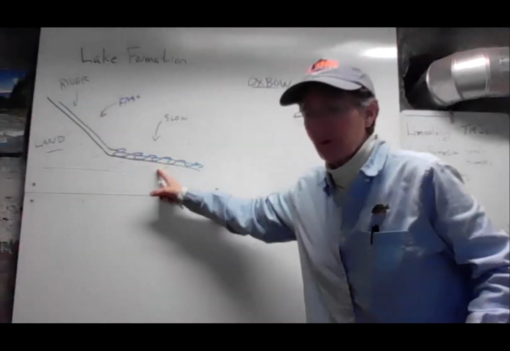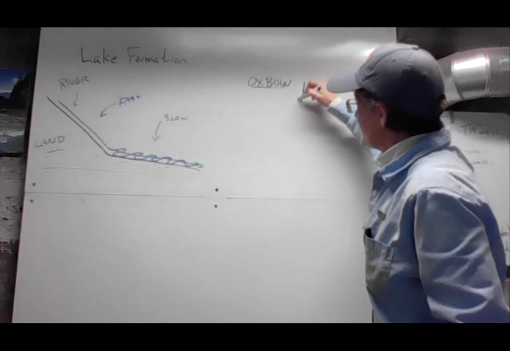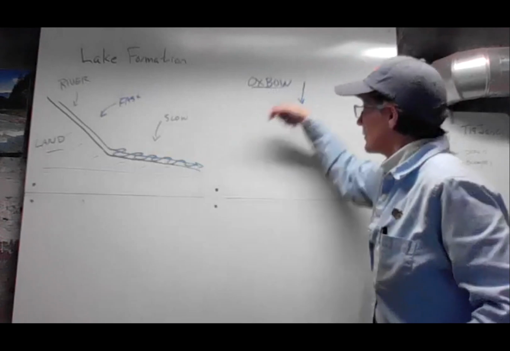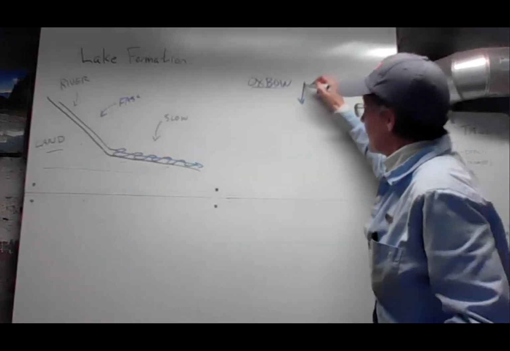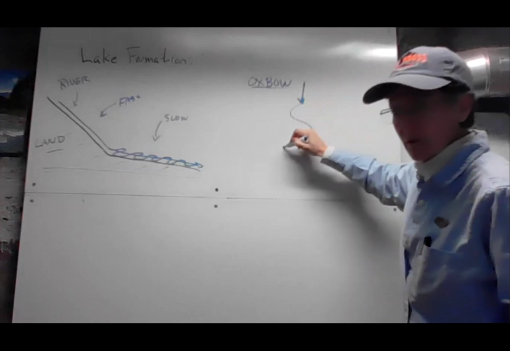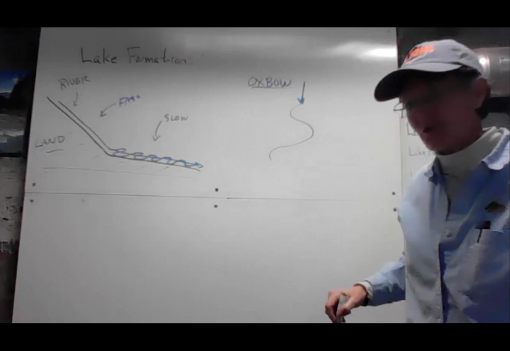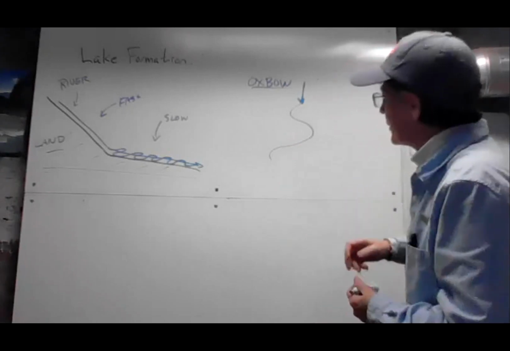So I'm going to draw a bird's eye view of this. Here we've got a river. It's flowing this way. No, it's flowing this way. And it tends to kind of meander like this. I don't know if you've ever seen rivers that do that, or streams. And here's the thing.